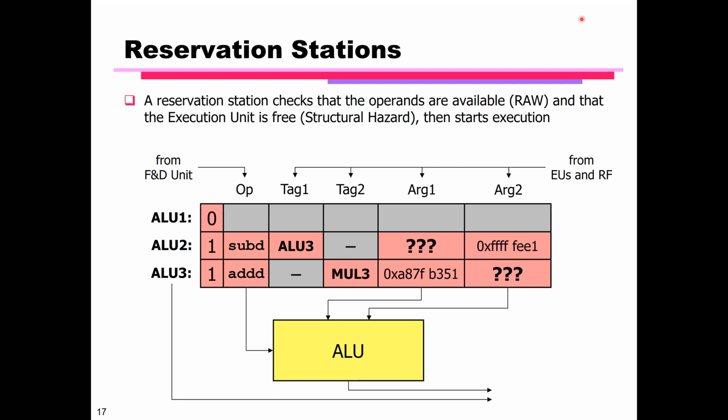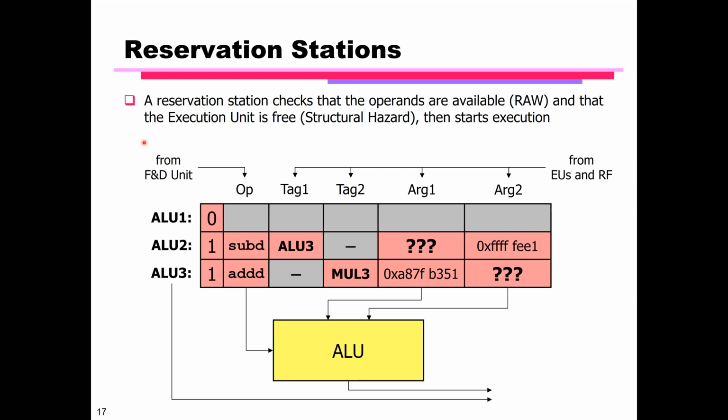So this buffer looks like multiple rows, similar to the single register that we had in our pipeline. It's called the reservation station, and it contains a few things that we are familiar with.